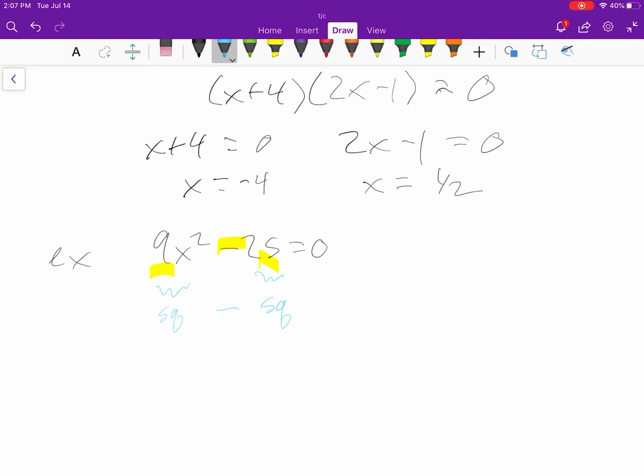And what you do is you multiply 9 times 25, right? What's 9 times 25? Well, 175, and you try to find two factors of 175 that, when subtracted, equal 0. Or wait, not 175, my bad.